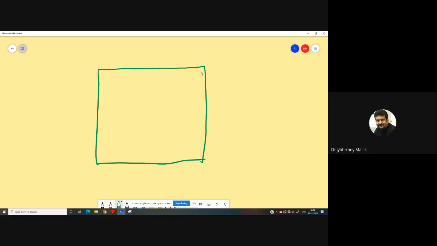This is the map view. You are looking from the top.